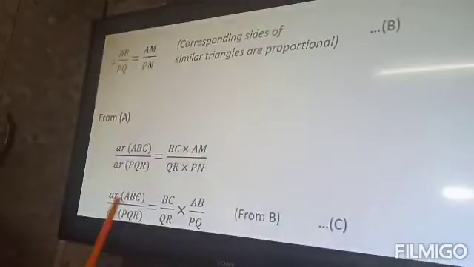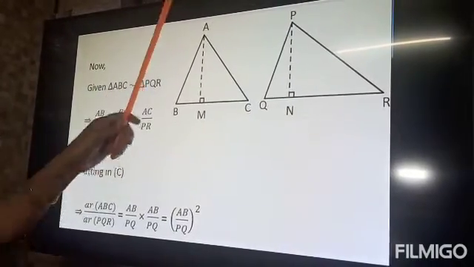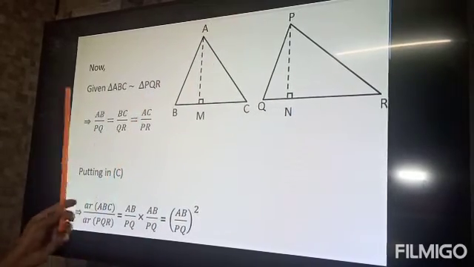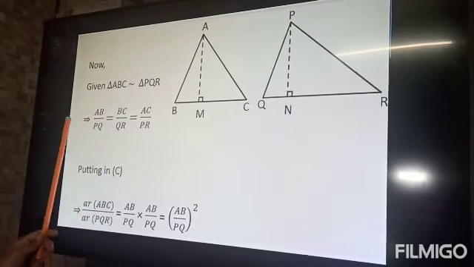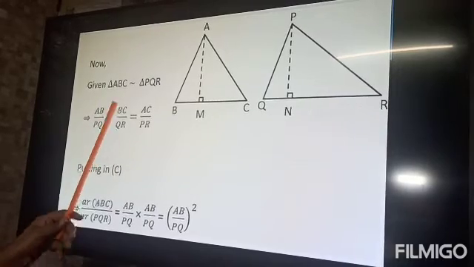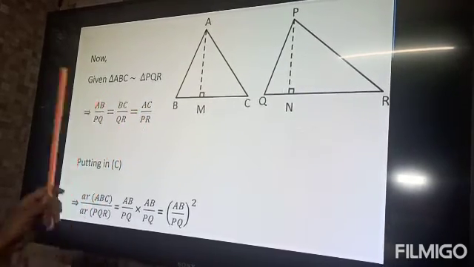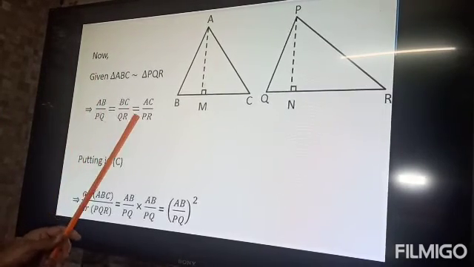Now, given triangle ABC and triangle PQR are similar. According to the similar triangles theorem, this implies AB by PQ is equal to BC by QR is equal to AC by PR, meaning corresponding sides of similar triangles are proportional.